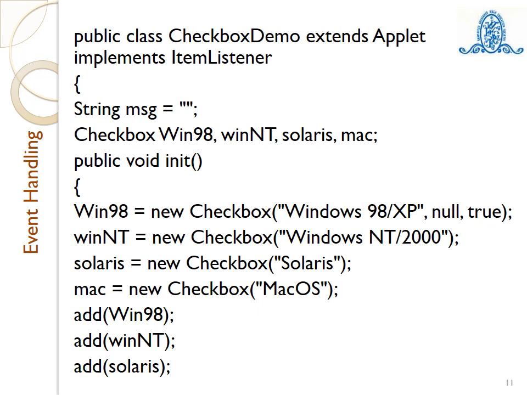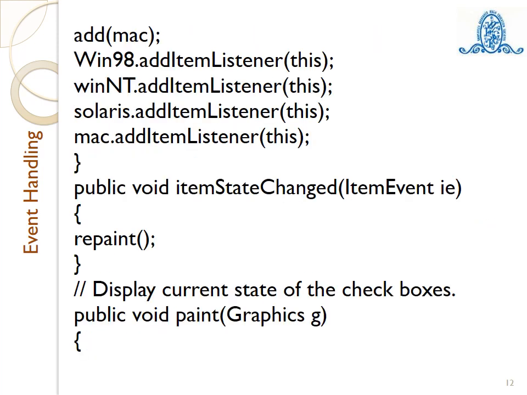So the declaration of the applet class is public class name extends Applet implements ItemListener, because here the checkbox is the event source which generates the item event. Now here the checkbox variables are declared, then inside the init method all the checkboxes are created, and these checkboxes are added on a container using the add method.